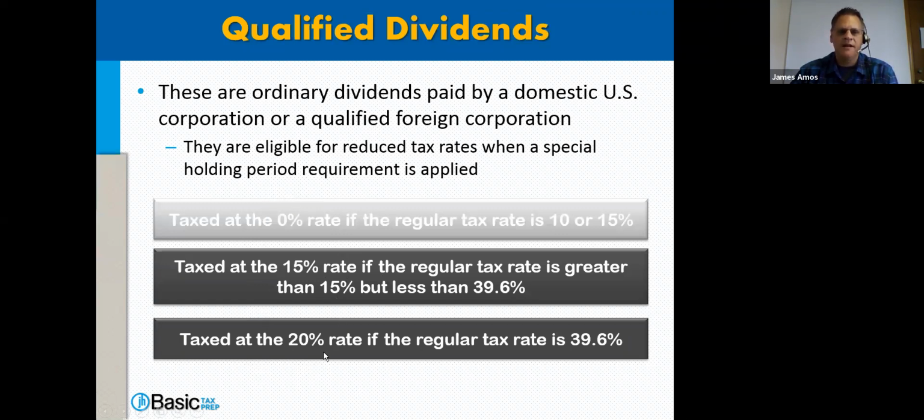What capital gain tax rates mean is if you meet the requirements, you're going to pay less tax than your regular rate. If you've got a client in front of you that has the potential to have ordinary dividends or capital gains, they could potentially pay less tax because of the capital gain tax rate.